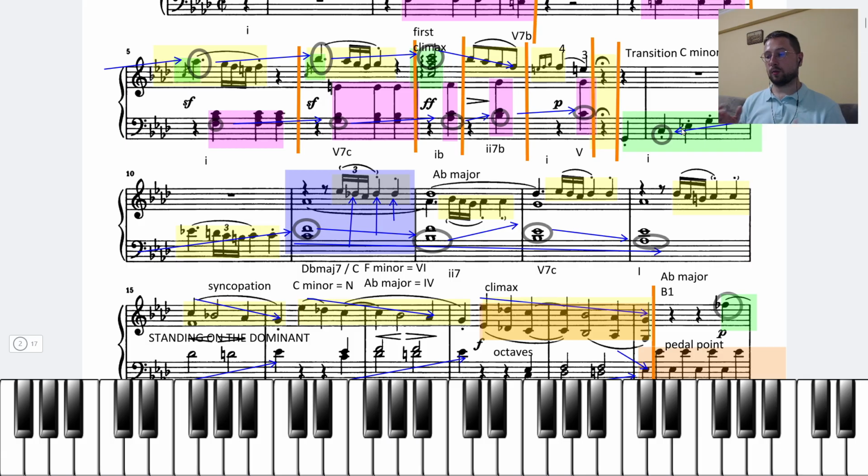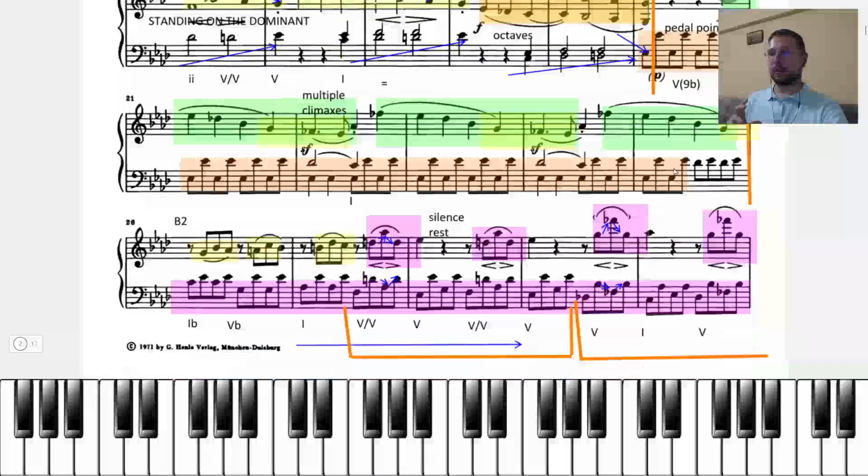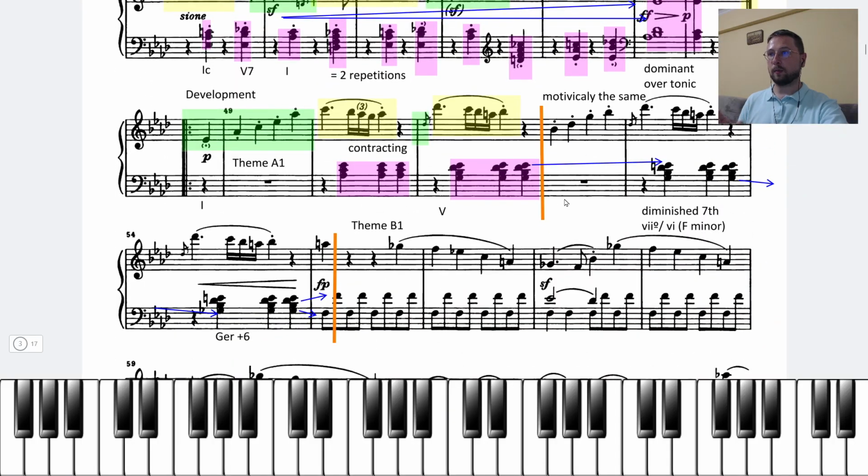So composers would have one beautiful theme, and they would have the second theme in a different key, and they needed a transition to connect these two themes. In this case, Beethoven is clearly capable of just taking one theme, change it, and have the second theme.